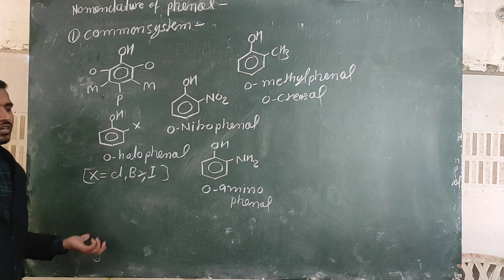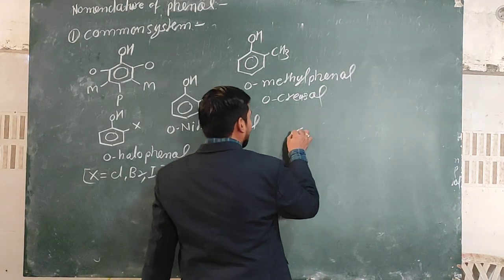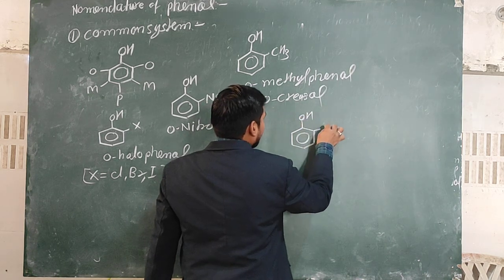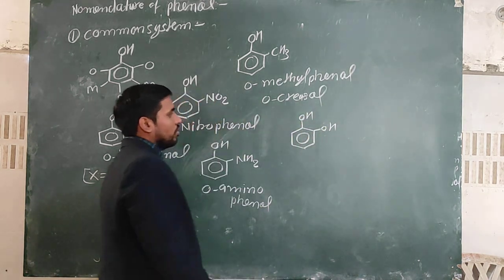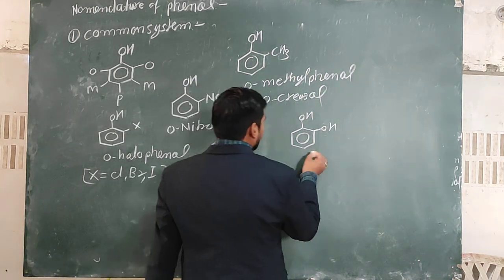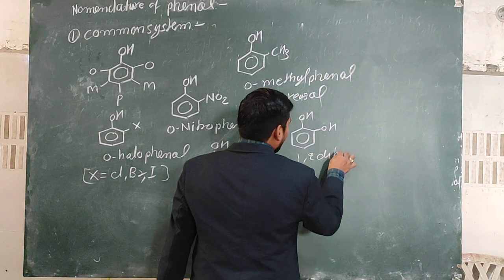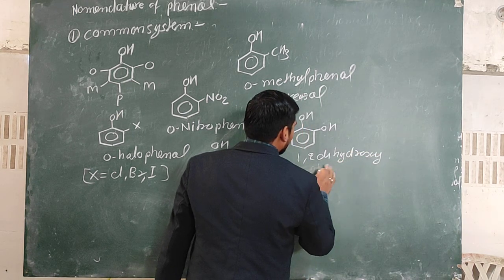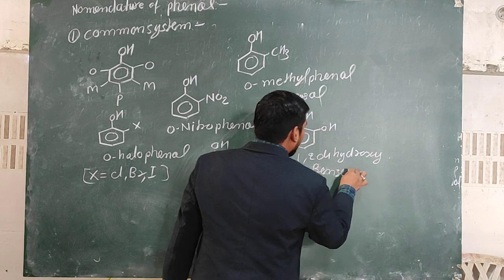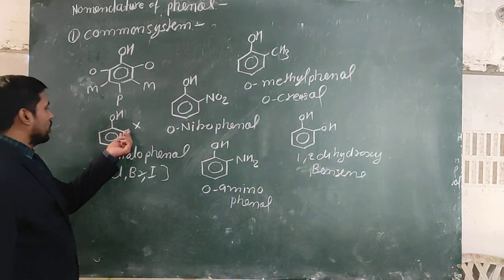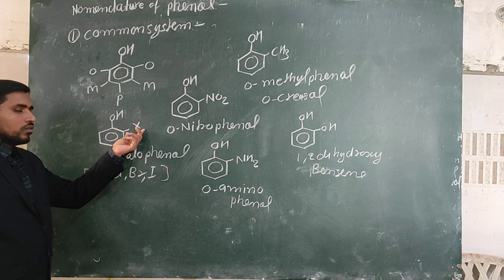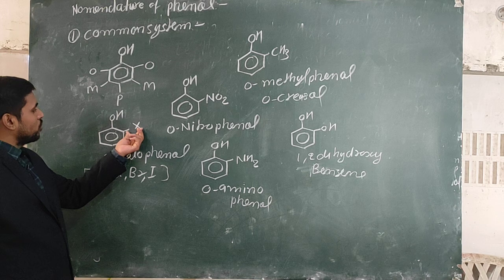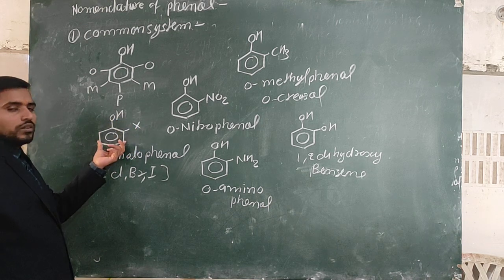Okay, if we try to understand what is the IUPAC name of different types of phenol, then you can see here 1,2-dihydroxybenzene. Okay, in case of this, 2-halo-1-hydroxybenzene.